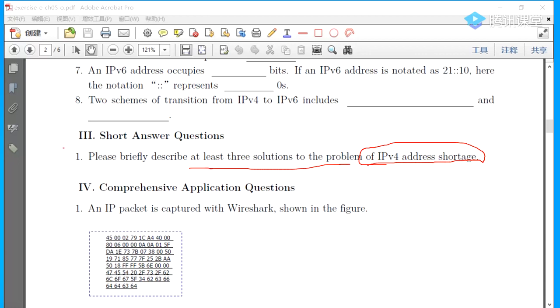If this question is 6 points, then each solution is 2 points. How to solve the problem of IPv4 address shortage? Now I will illustrate the answer.